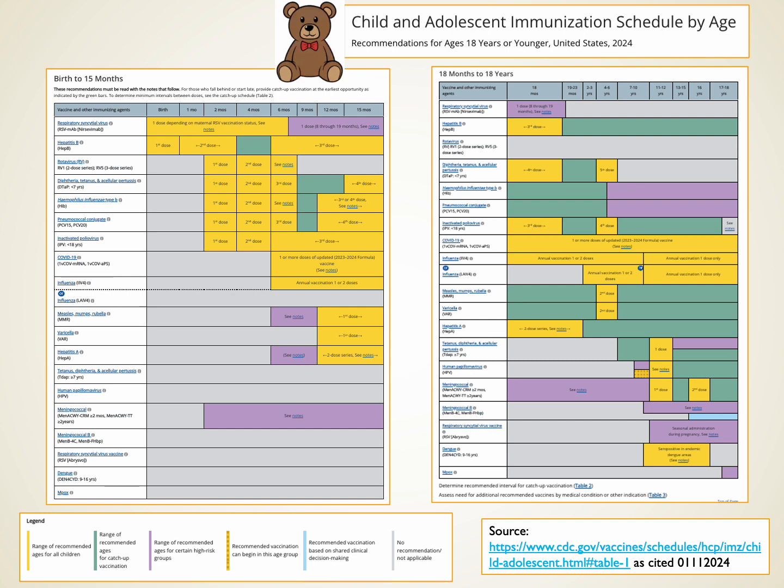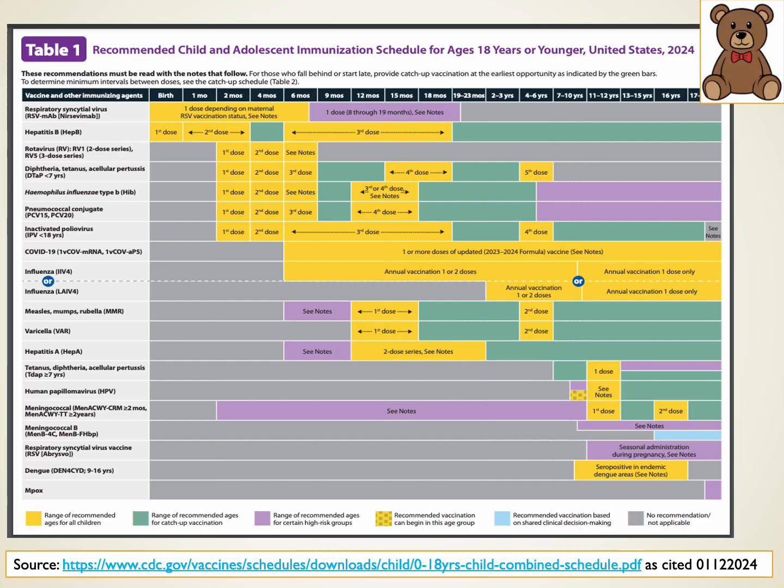They have a set of tables from birth to 15 months, and then from 15 months to 18 years of age, and then different vaccines and how they're sequenced. So you should have an appreciation for which vaccines are first out of the chute and which ones are given later on in pediatrics, adolescence, and ultimately, as we'll talk about in a little bit, adulthood.